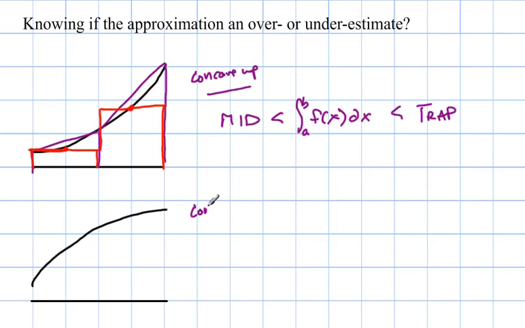Now in contrast, when we are concave down, we'll start with the trapezoid just because it's very easy to see. So here's our trapezoid, and we can see that the line there lies under the curve. So trapezoid is clearly our underestimate.